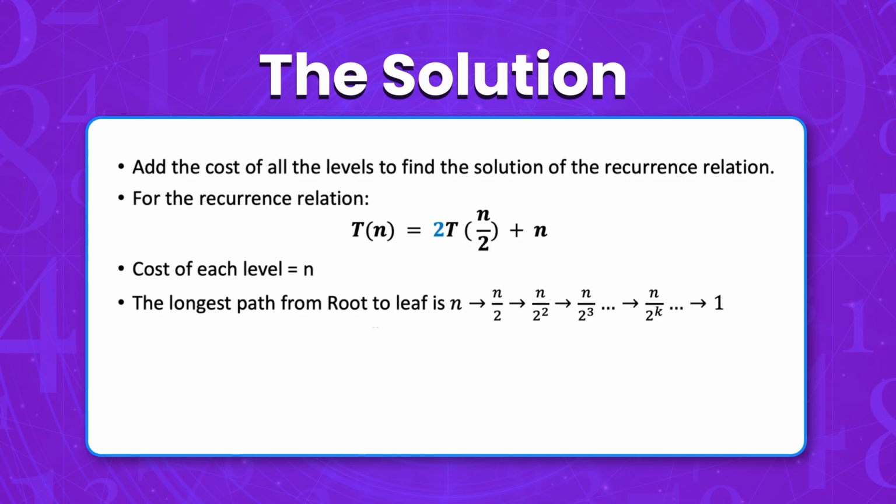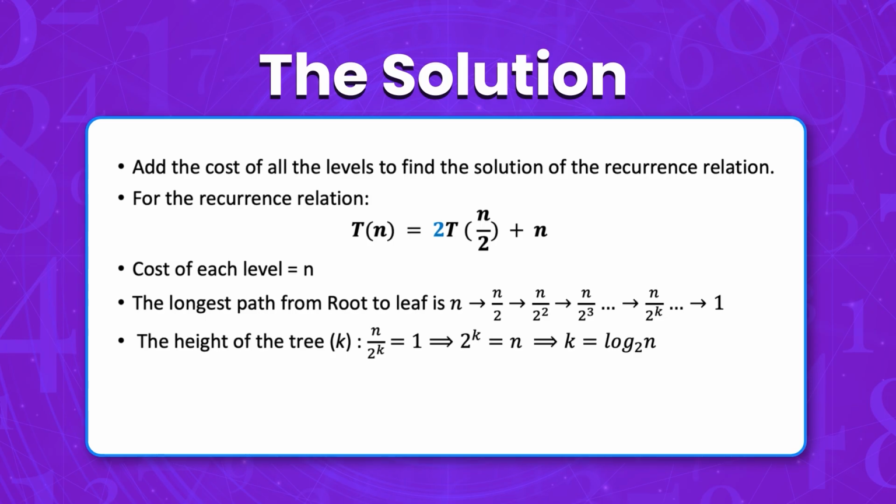So n divided by 2 to the power k has to be 1, and this equation gives us the value of k, the depth of the tree. It reduces to 2 to the power k equals n, which implies k equals log 2n.